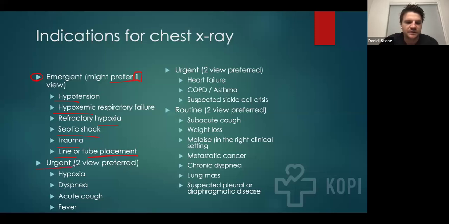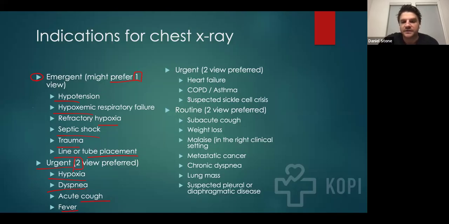This ensues that the patient is stable, maybe that they're ambulatory, and that they can get a two view instead. Whenever you can obtain a two view is better. This might be a patient who's hypoxic, who's dyspneic, who has an acute cough that you might be concerned for pneumonia, who's maybe febrile, maybe septic.